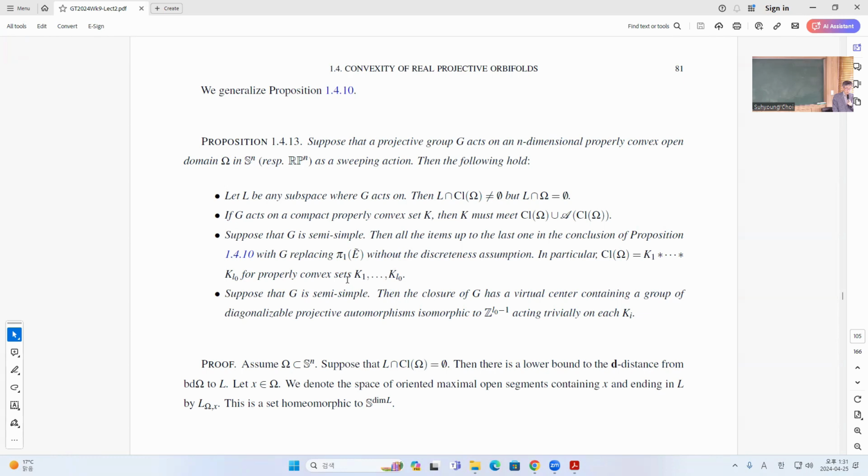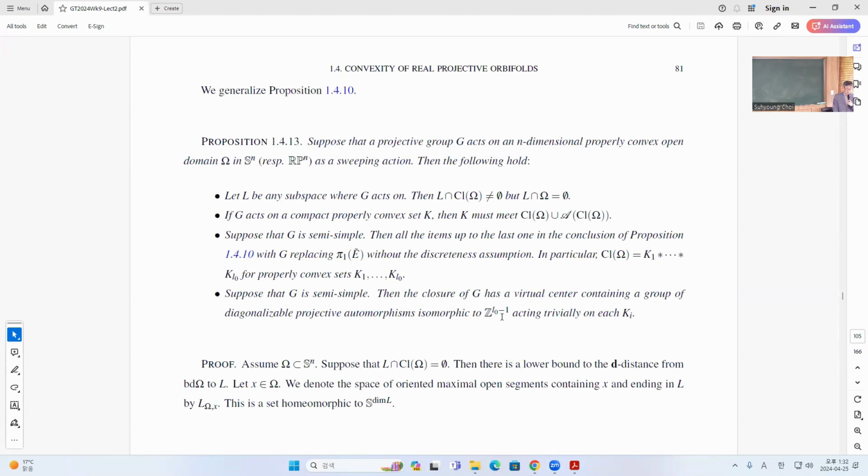The closure will just be a join, and if G is semi-simple, then the closure of G has a virtual center containing some group of diagonalizable projective automorphisms acting trivially. So actually these are diagonalizable groups, not just that.